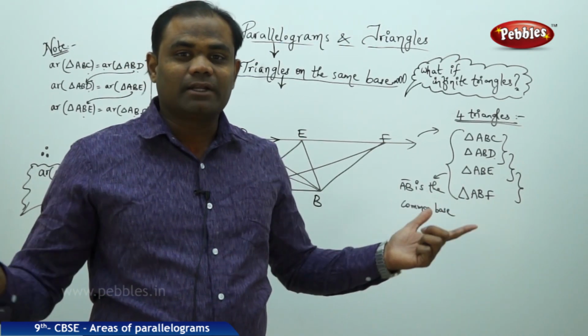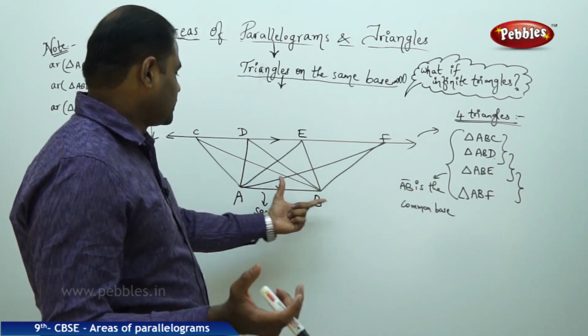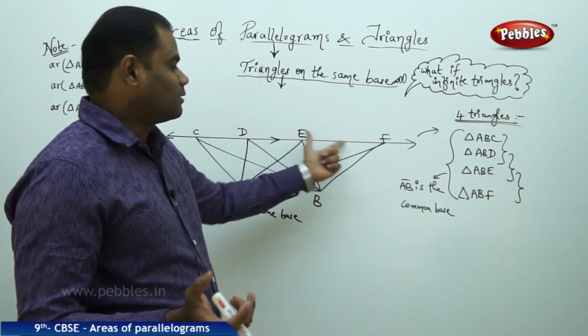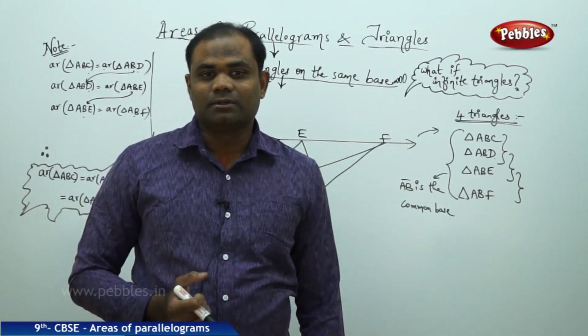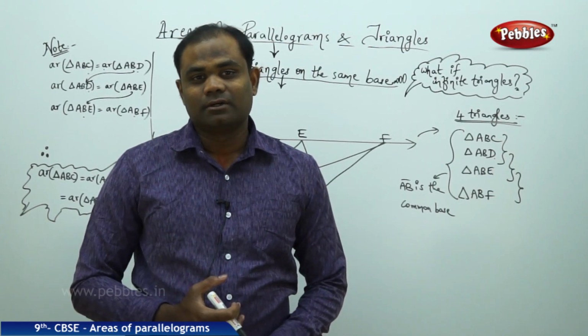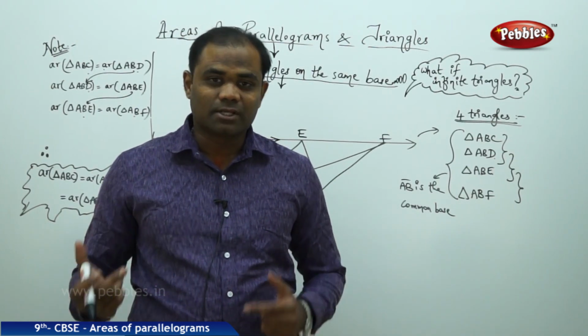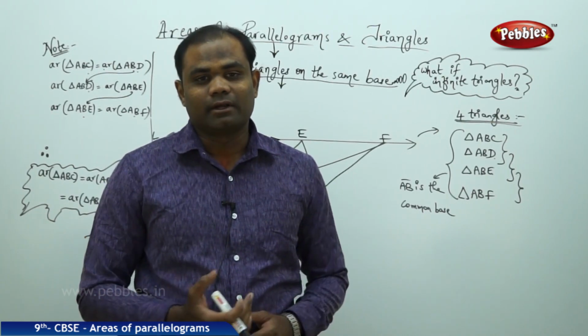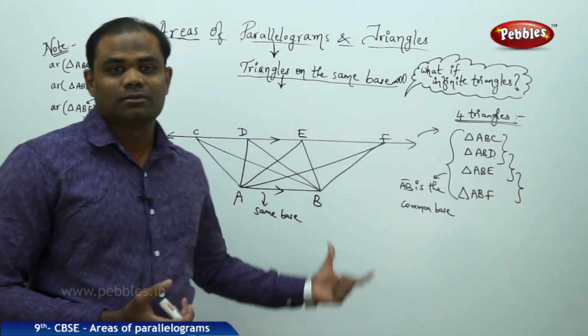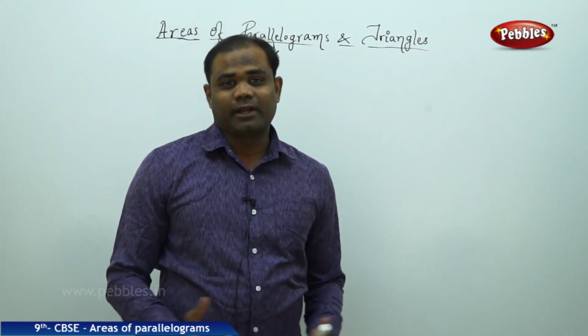It can be infinitely many triangles which can connect the same base with the line points on the line L, where all the areas will be equal, is how we understand. Infinitely many triangles on the same base and between same parallels are all equal in area, is how we conclude through the property.